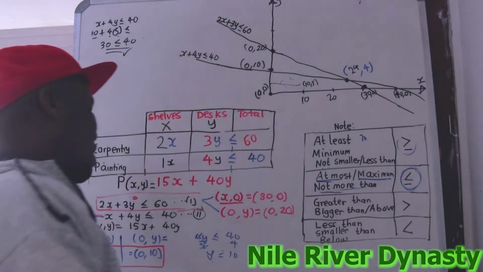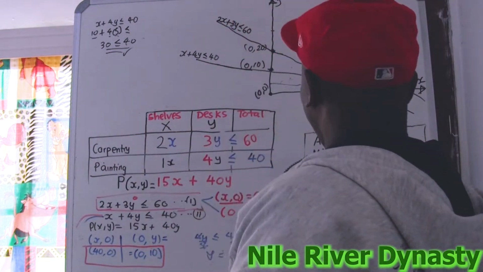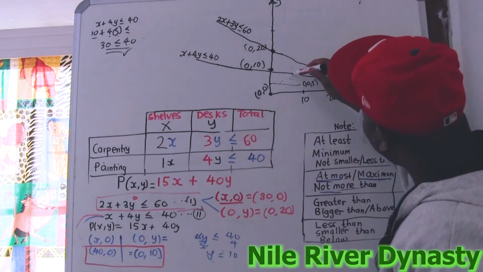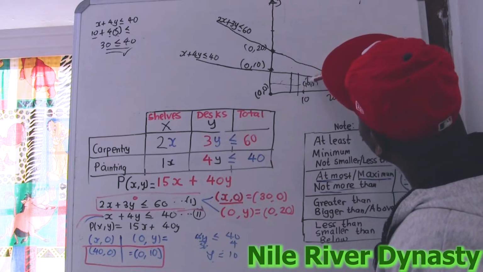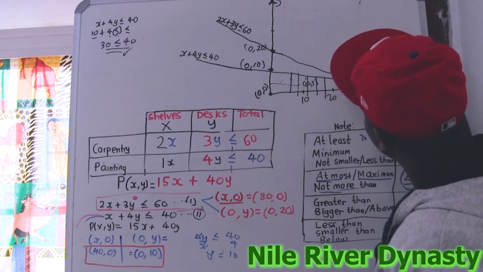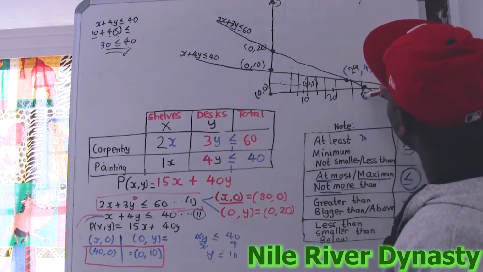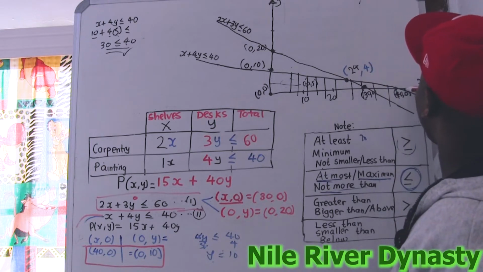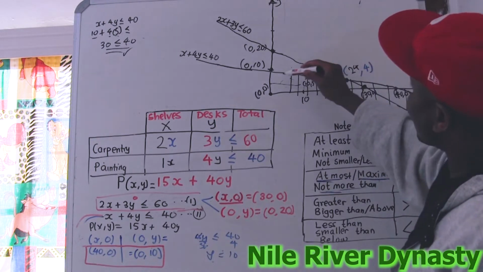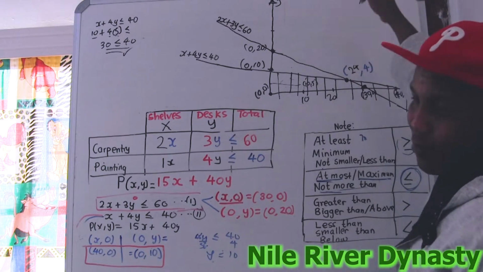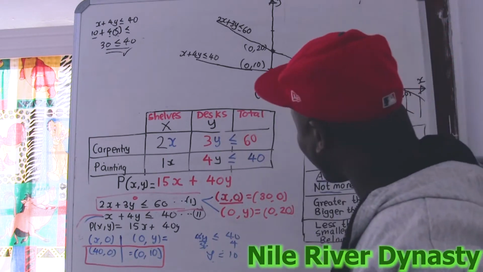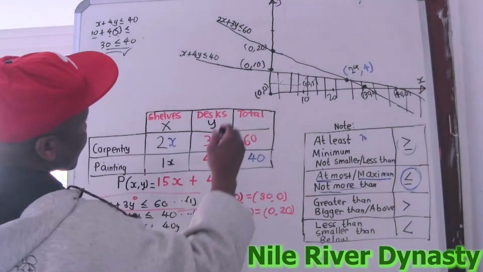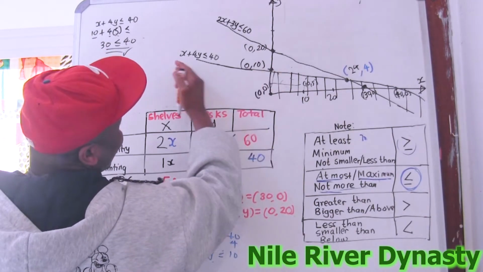So we shade under this line, all the way. If it's not true, we shade the other way. But because it's true, we shade under.